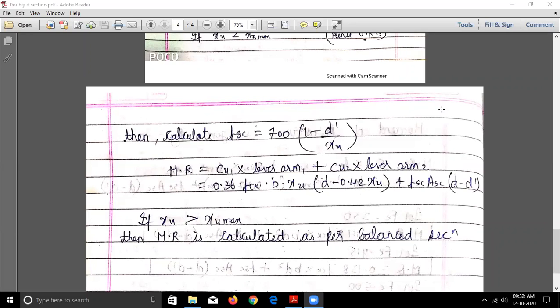Span is equal to 6 meters. Use M25 and FE500. That is the question.